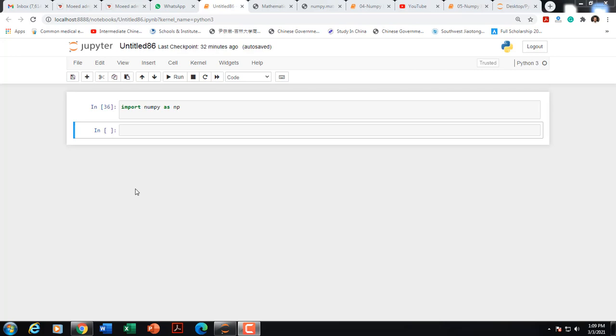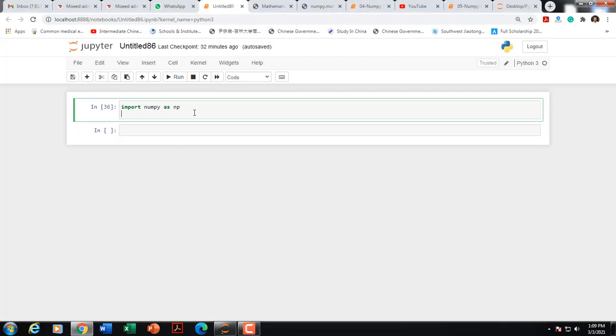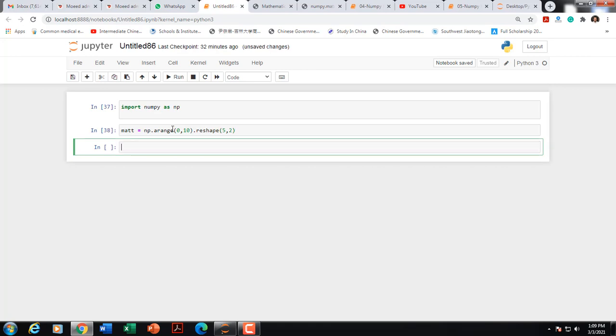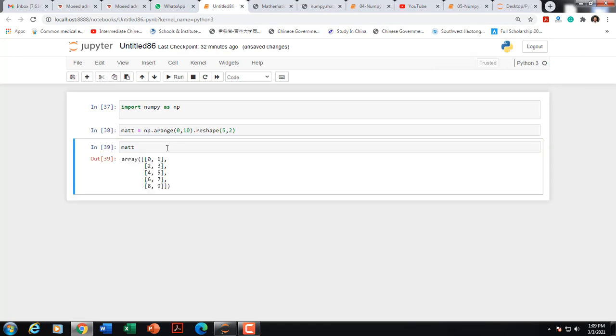The first thing is we will have to import NumPy as np. That is done. So let's say I have a matrix by the name of mat: np.arange(0, 10).reshape(5, 2).